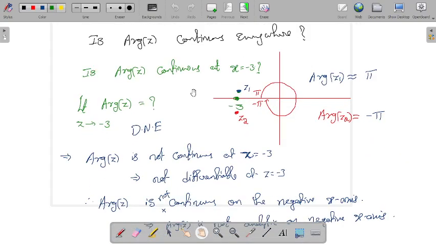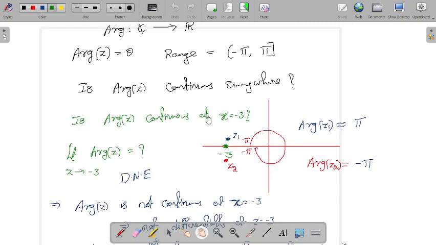So this is how it is defined, and we observed that this principal argument is not a continuous function on the negative x-axis. Why? Because when you come from the top, the argument value moves near pi, whereas when you come from below, the argument value moves to negative pi. So those two are not equal.